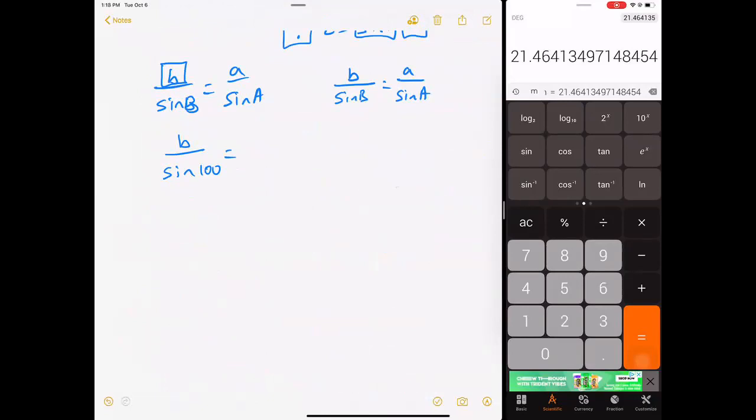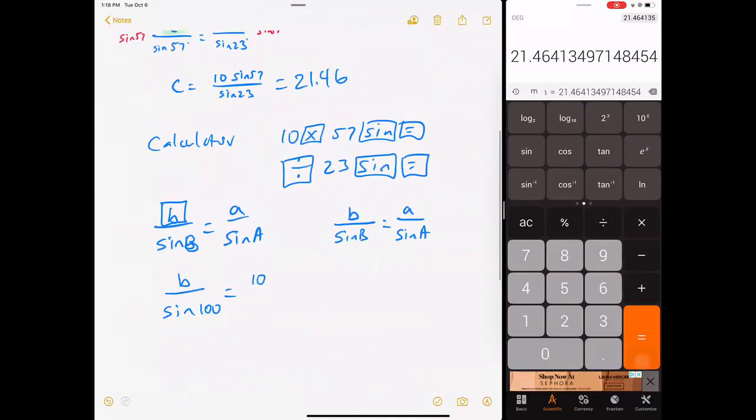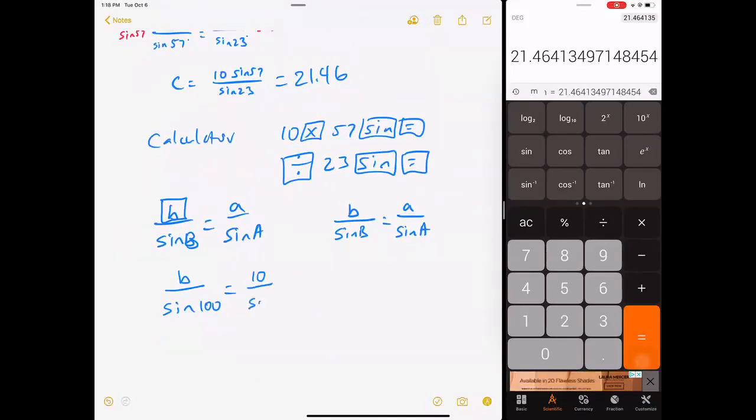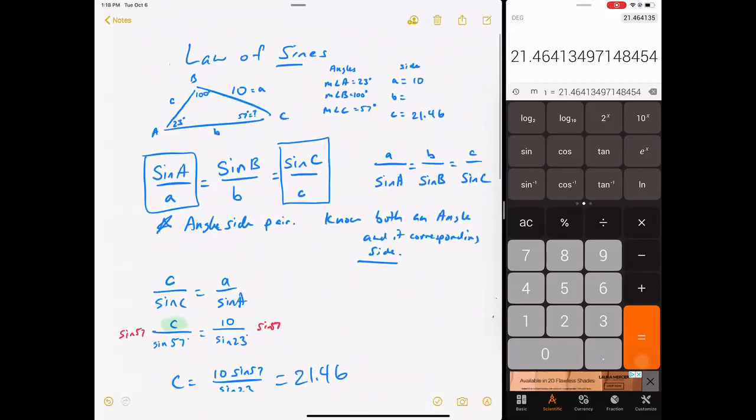Okay. And then, let's finish this. A we said was 10. I think it was 10, right? Oops. No, sorry. But yeah, it was 10. 10 over sine of 23. Again, we know 10 and 23, because this is what we started off with.